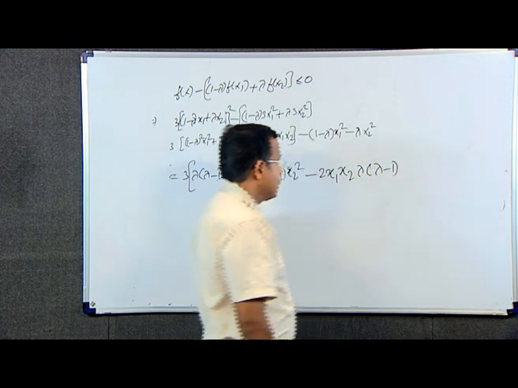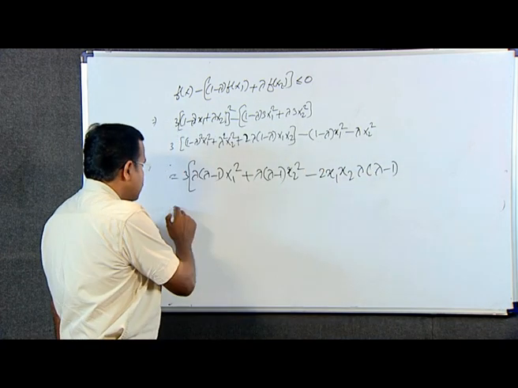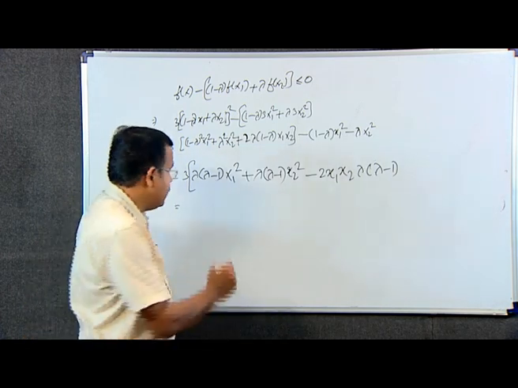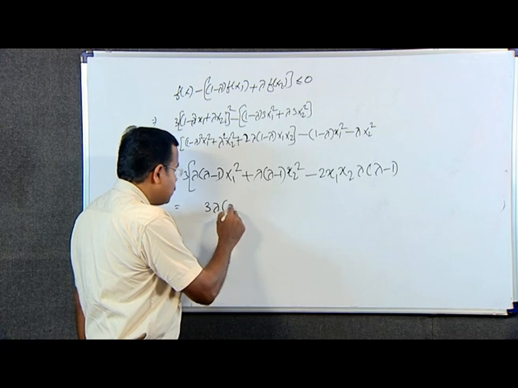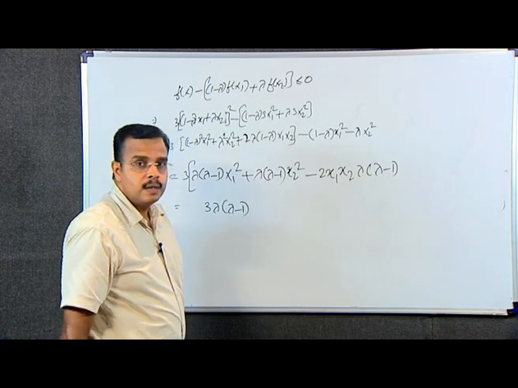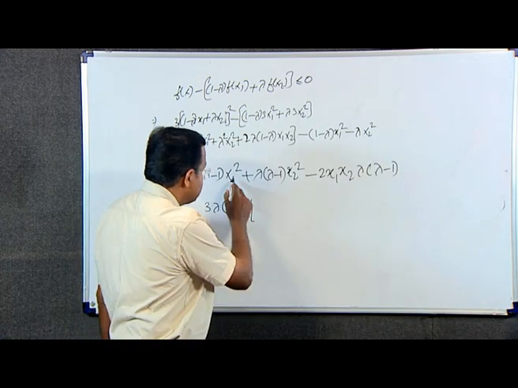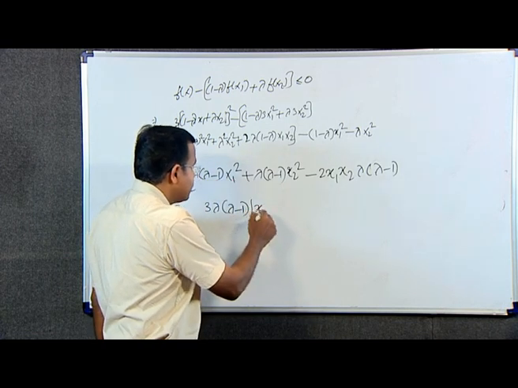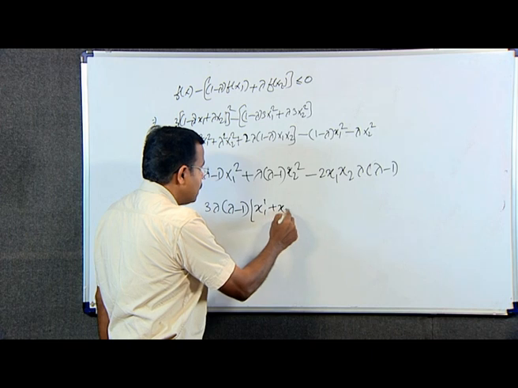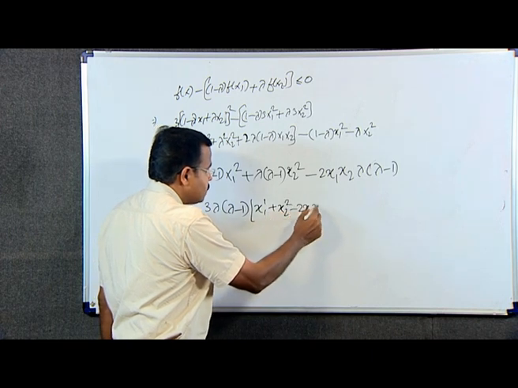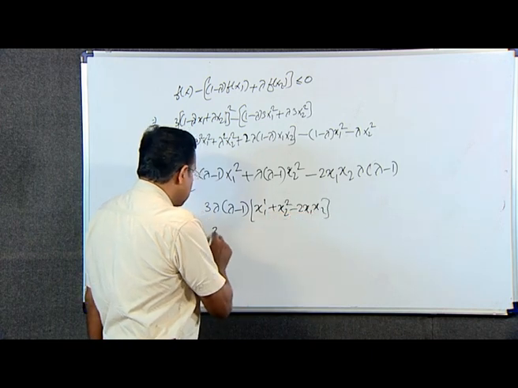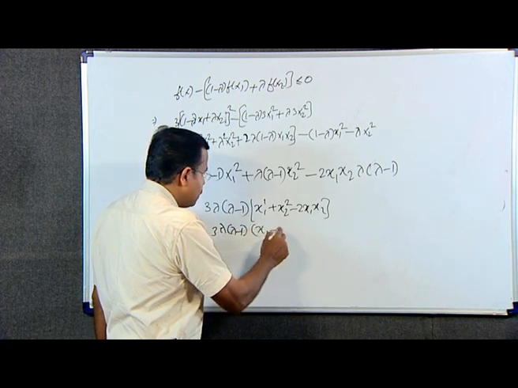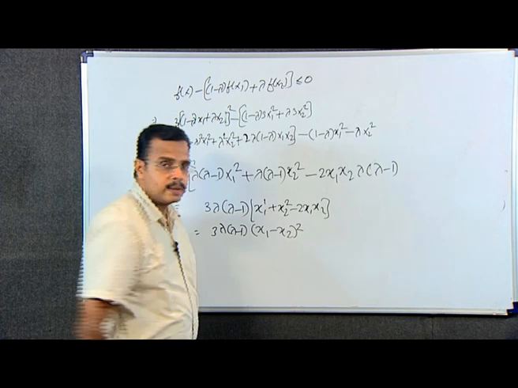You can write it like this. That is equal to 3 lambda (lambda minus 1), and when we take out lambda (lambda minus 1), the remaining terms are x1 square plus x2 square minus 2 x1 x2. That is 3 lambda (lambda minus 1) times (x1 minus x2) the whole square.